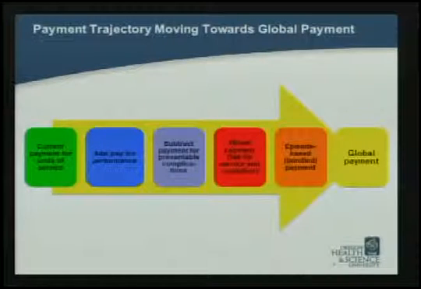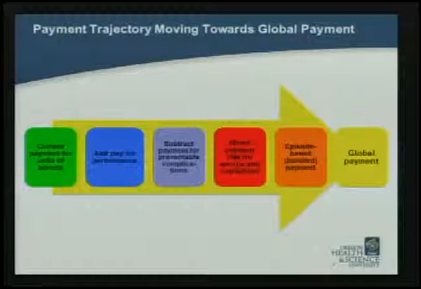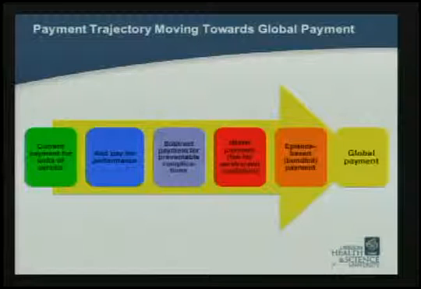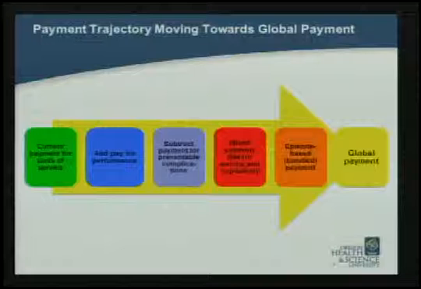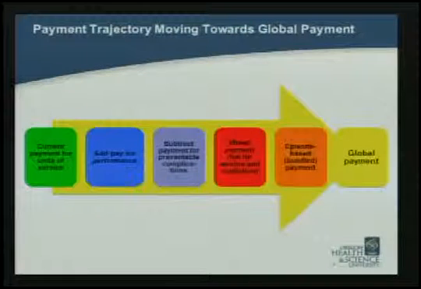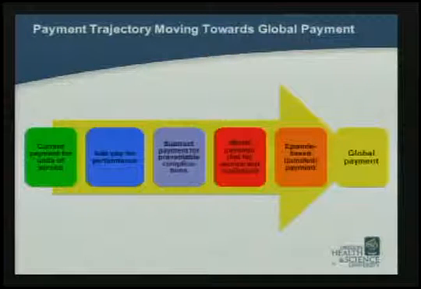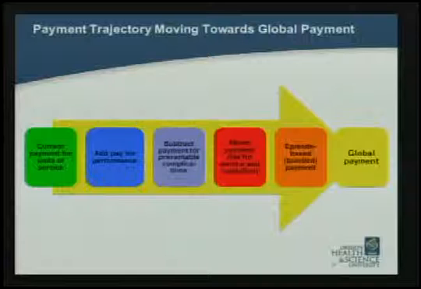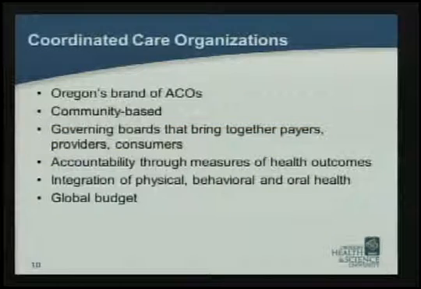But because there isn't much incentive in that payment structure to make sure individuals are healthy in the long term, or that we're providing the most efficient, value-based, or outcome-based care, we want to think of other types of payments that we could move towards. The goal is to move to global payments, and that's something Oregon has been trying to move towards in our healthcare reform.